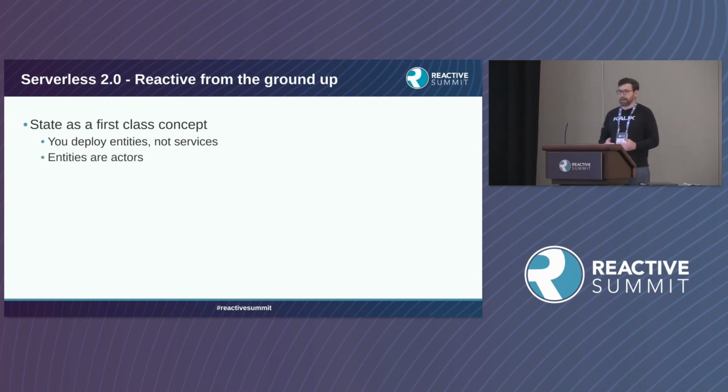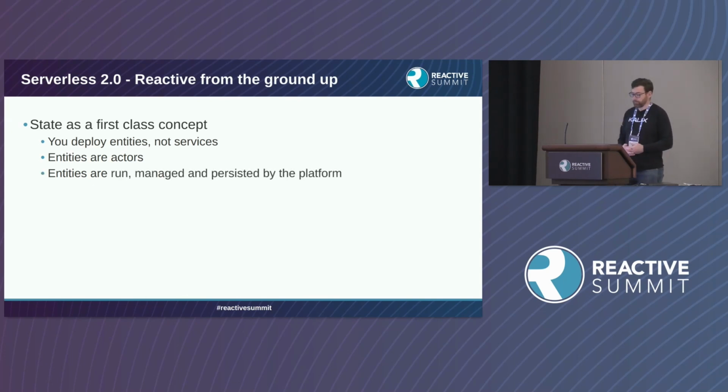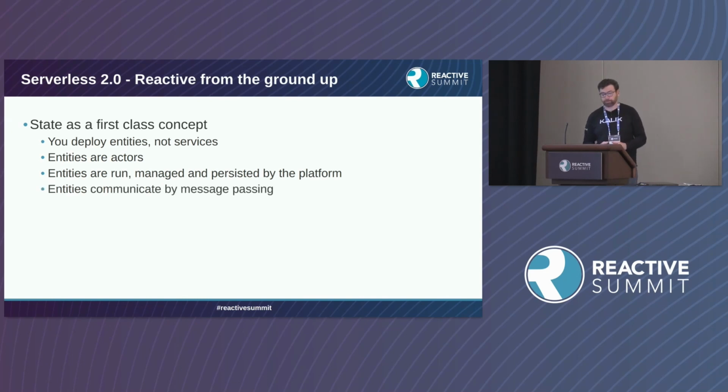These entities are actors, so they communicate with each other via message passing. Those messages might be events or they might not. But they're not dependent on each other running. The entities themselves are run, managed, persisted, cached, whatever needs to be done in order to run them, by the platform. You don't need to worry about where they run, how many of them are running, what their scale is. That's handled by the platform. And as I said, they communicate via message passing.